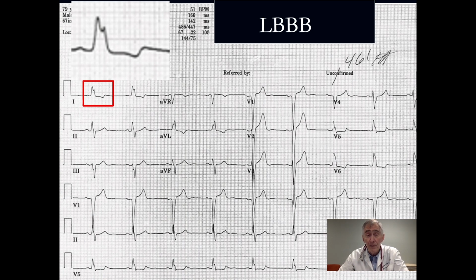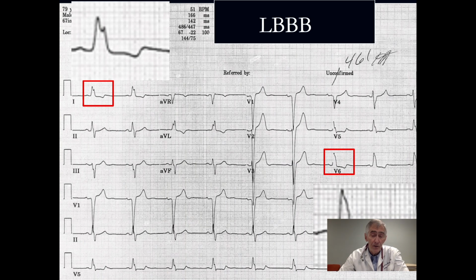Notice in leads V5 and V6, it's notched there, suggesting a left bundle. And then if you look at the QRS in lead V1, it doesn't have that same notching, but it is still wide. Notice also that the QT here is less than half the RR.